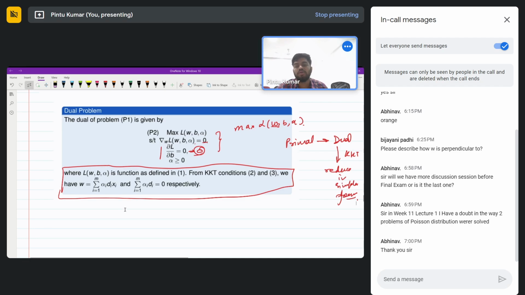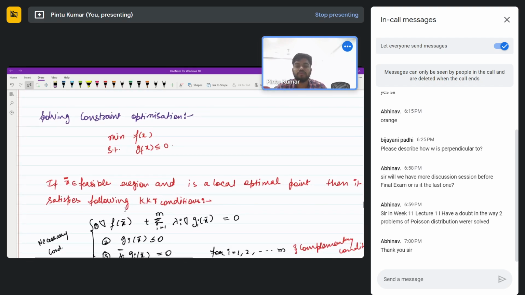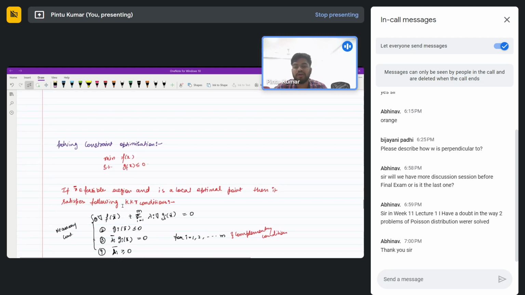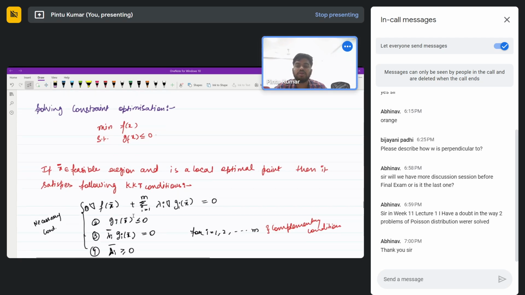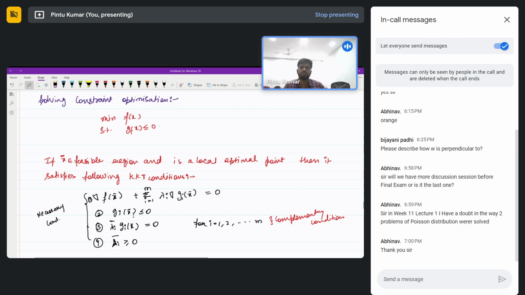Now, some of you might have forgotten, and some might remember, what the KKT conditions are. This is from the last lecture.